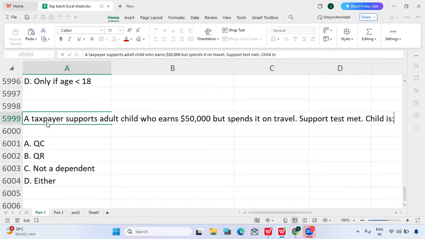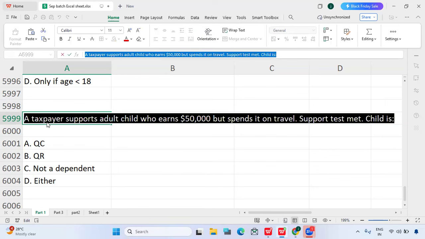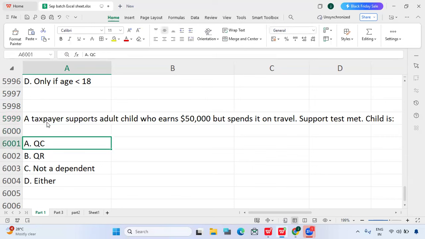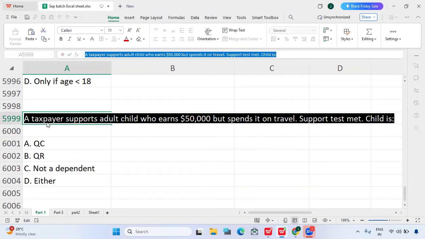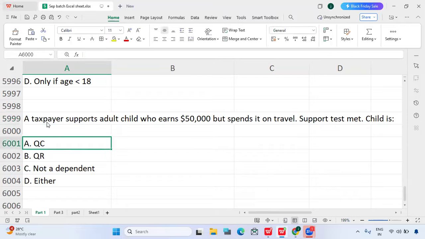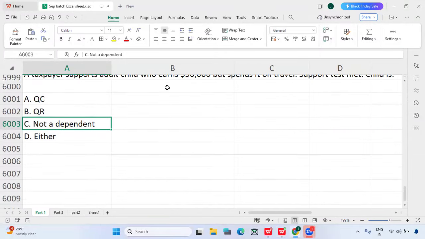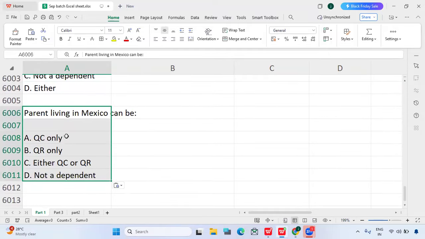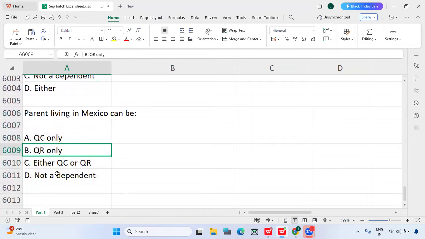They are saying adult children, that means he is not under 18, under 19, so he comes under qualifying relative only. Qualifying relative has an income limit, and he earns more, so he is no more a dependent. Not a dependent. So this is done. And parents living in Mexico: can they be qualifying children, relative, or not dependent? Qualifying relative.